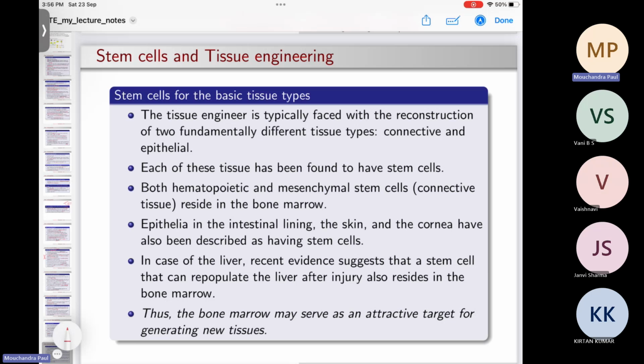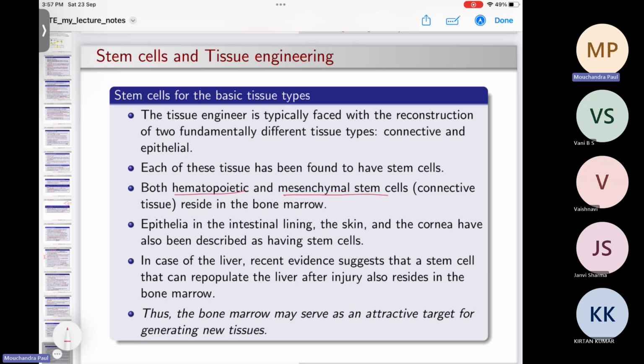Whatever tissue people have to repair, you can categorize it as either a connective tissue type or an epithelial tissue type, which we have discussed during the previous classes. In connective tissue, what are the stem cells available? One is the hematopoietic stem cells, another is the mesenchymal stem cells.